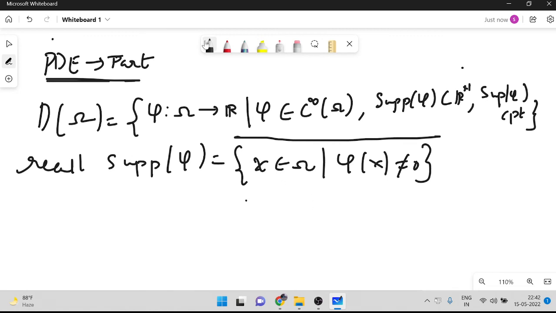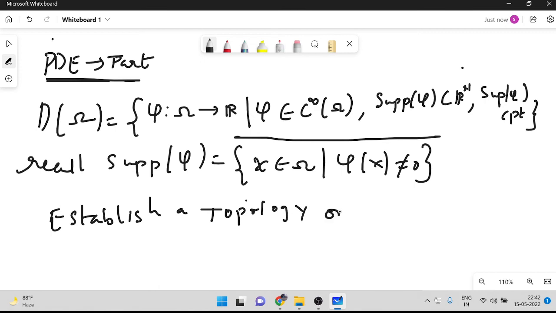So now we have a vector space. We would naturally want to establish a topology on D of omega. People from a non-mathematical or engineering background, topology is a fancy word.